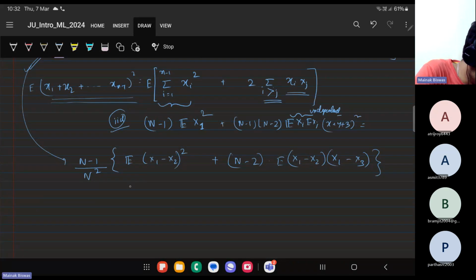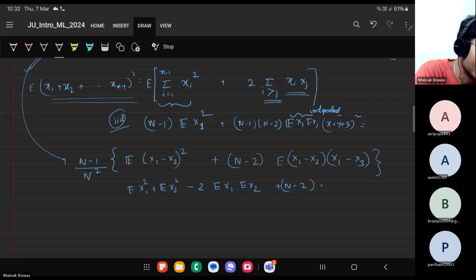So this one will turn out to be x1 squared plus x2 squared minus 2 x1 x2, then plus n minus 2 times x1 squared, then x1 x3 minus expected value of x1 times expected value of x2.